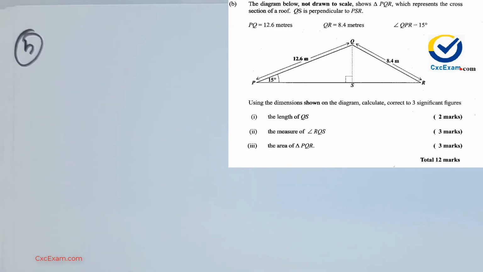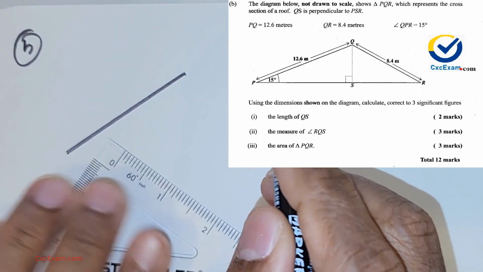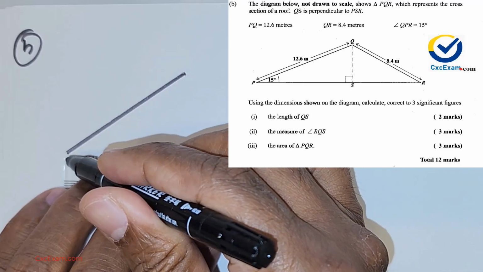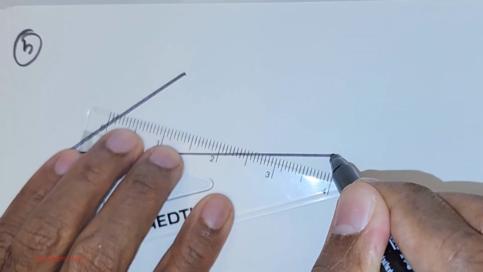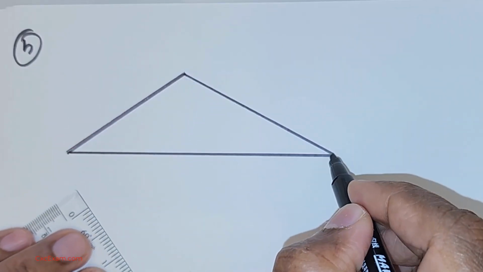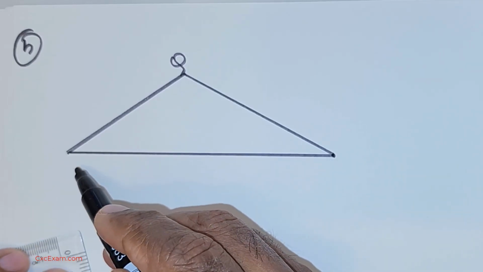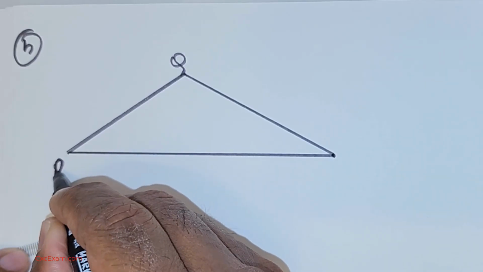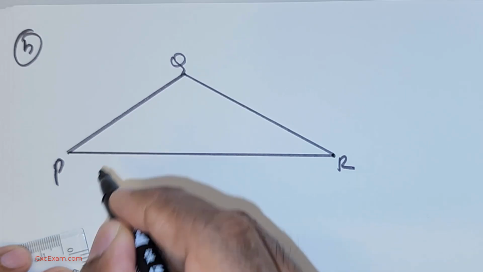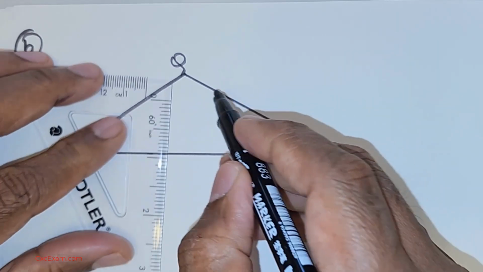Okay, this is the next question. We need a figure. Okay, all right, so this is Q, P, R, 15 degrees.